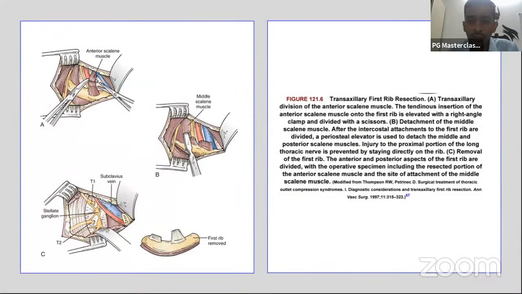Now, as we can see in these diagrams, the muscles are similarly exposed, and this is essentially a rib resection procedure. So the scalene muscles have to be divided. As ma'am mentioned earlier, we can use the back of the forceps or a right angle forceps to safeguard the structures posteriorly. The scalenus anterior muscle is cut, the middle scalene muscle is cut, and after the attachment, you are not pushing the forceps totally behind.